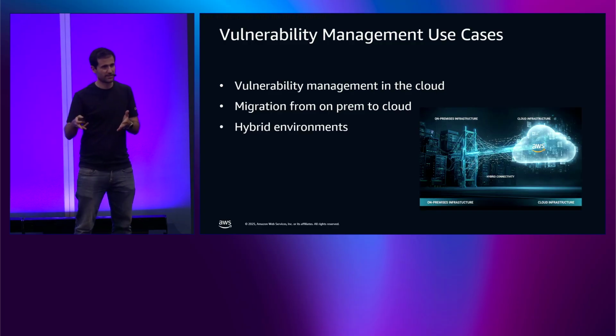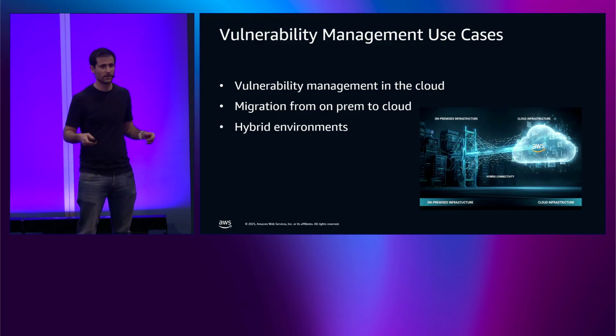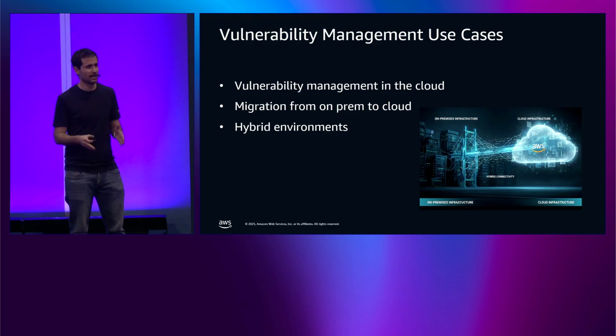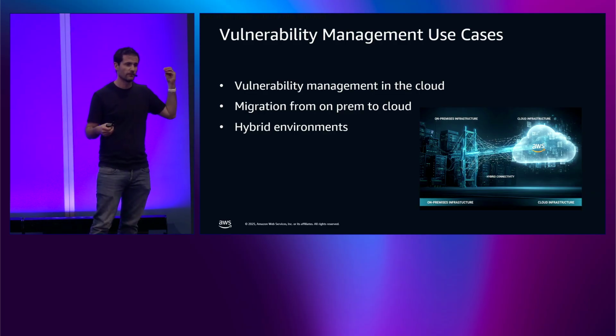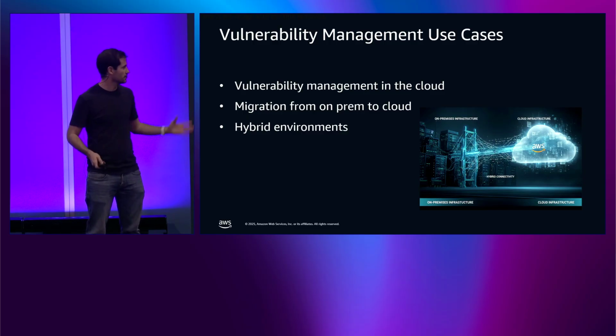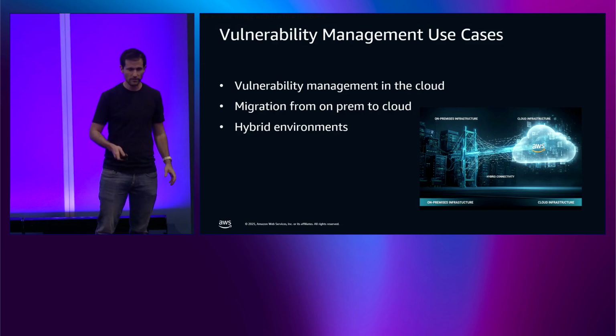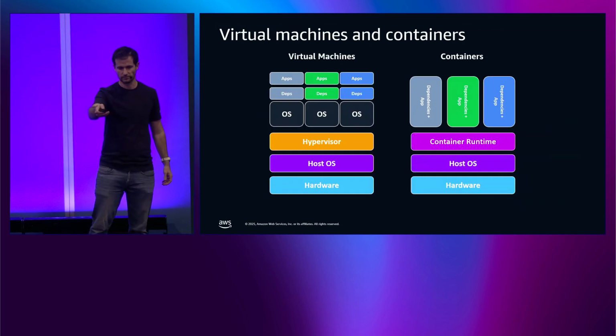And with this offering, you can do it. And once you have a hybrid environment, you want to have a single pane of glass to see all your risk of everything from your on-prem environment and in the cloud with a unified view. So all these use cases are supported here. And now let's dive into the offering and what we're doing there.